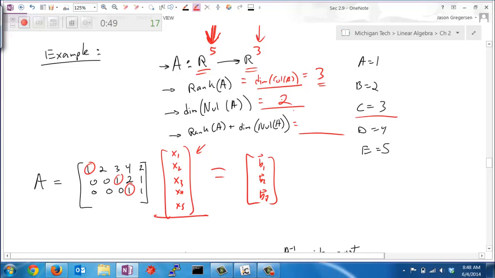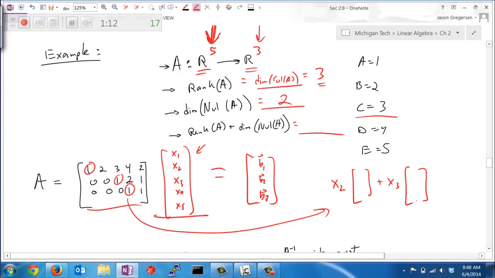I can also think about it as those are marking my free variables. I could also just take this matrix and look at the homogeneous equation and find the solutions. If I did that, if I take this and finish the row reduction and write out my solutions in parametric form, I would get something that looks like this. x2 times some vector plus x3 times some vector.